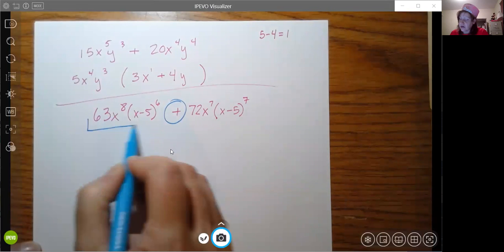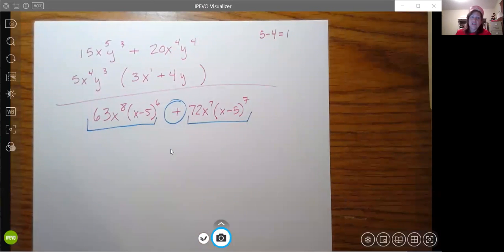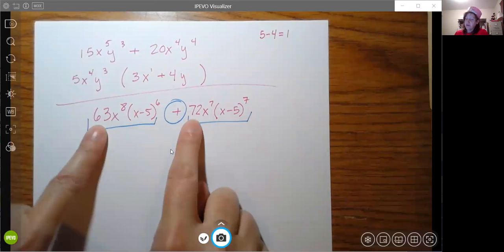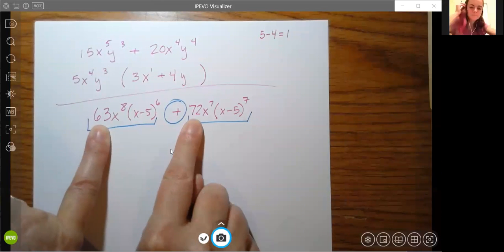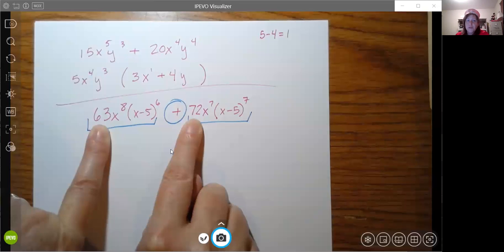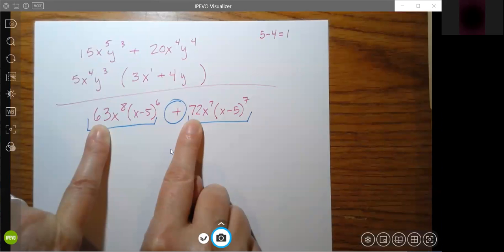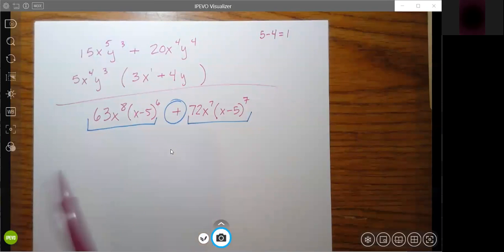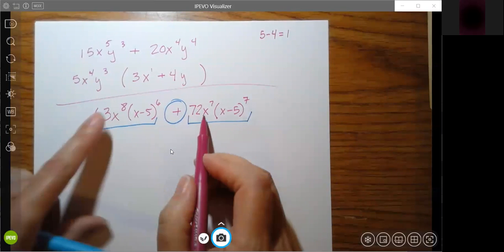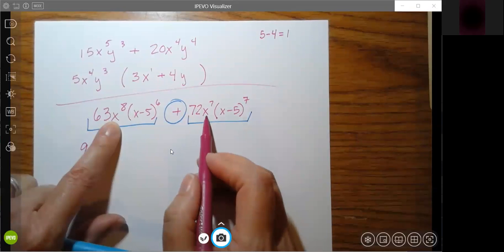What is in here and in here as a GCF? Start with the 63 and 72. Eddie, you with us? Yes. Good. What is the common factor there? 9. Okay. X to the 8th and 7th.